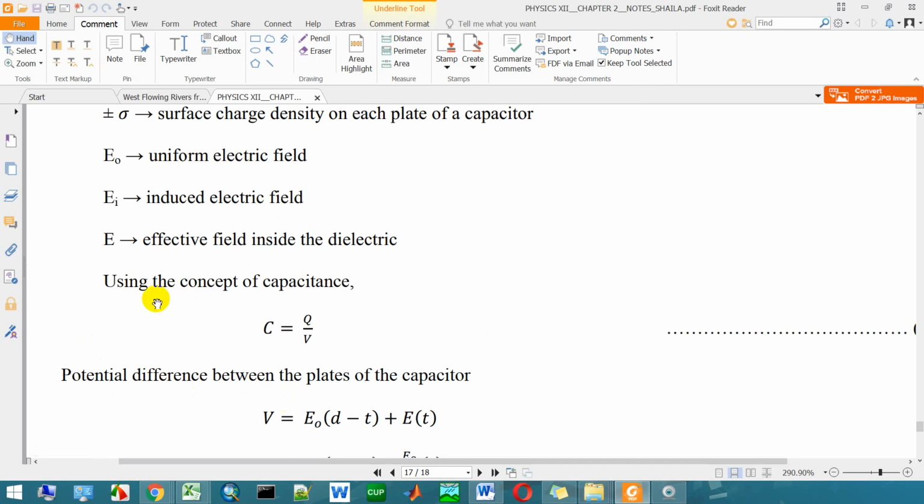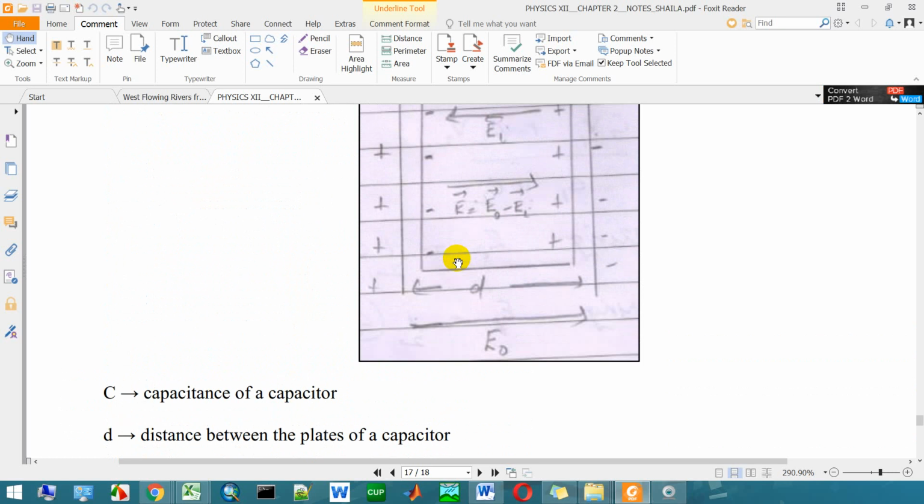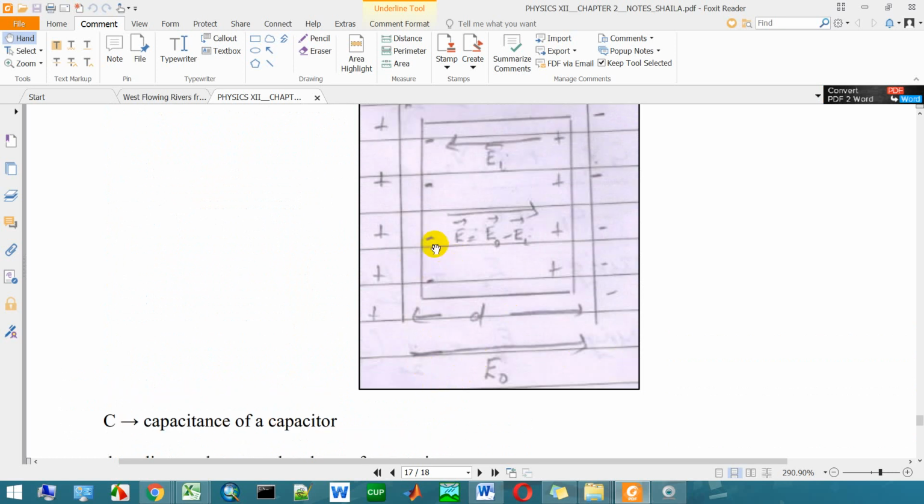Now, again the concept of capacitance: the first expression is C equals Q by V. Now to find the potential difference between the two plates of the capacitor, it is equal to E naught times (d minus t) plus E times t. Why E naught into (d minus t)? Because E naught is present only in this region and this region, so the whole d minus t.